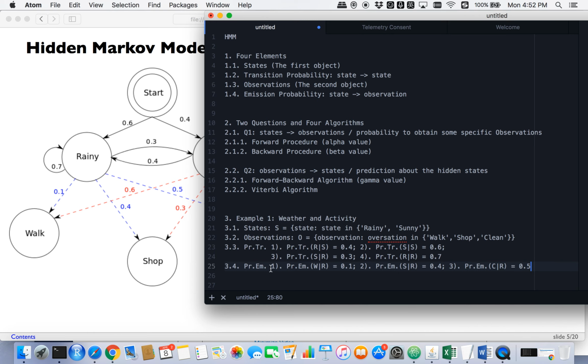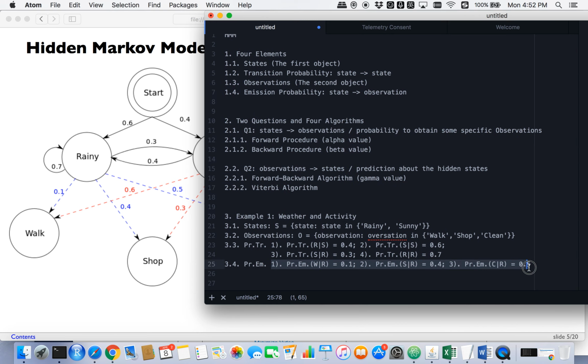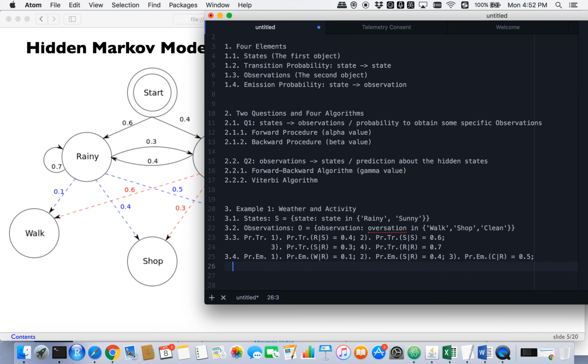And then you can do the same thing for the emission probability given the state is a sunny day. Sunny day go shopping, sunny day go cleaning. Sorry for this confusing part.